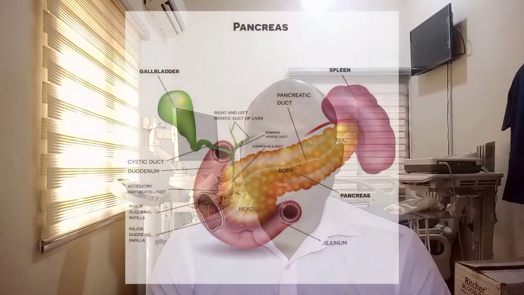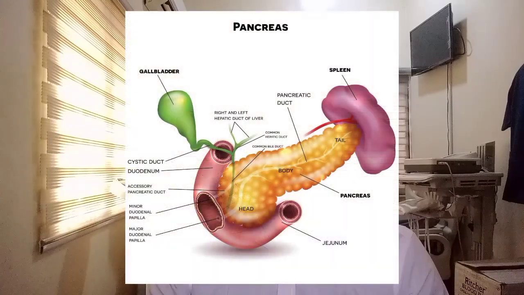The body extends to the left of the neck and runs transversely in the midline of the upper abdomen anteriorly to the splenic vein, superior mesenteric artery, and the abdominal aorta. There are no anatomic landmarks that separate the body from the tail.